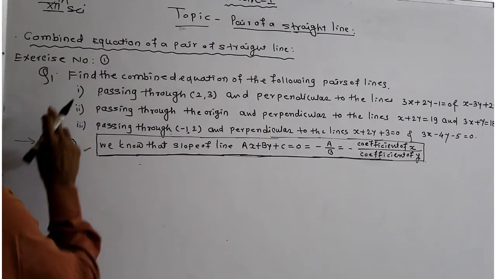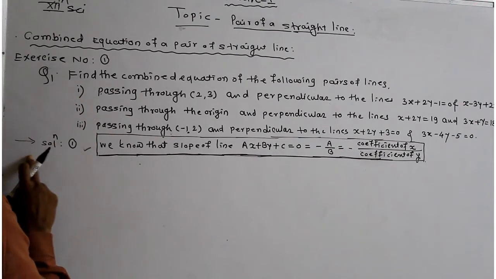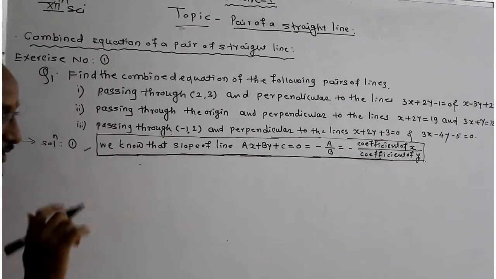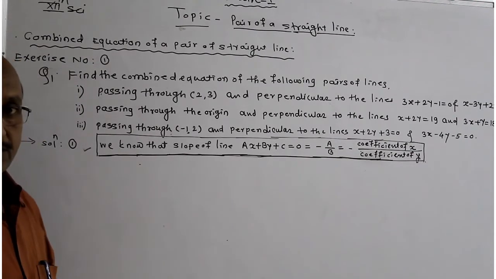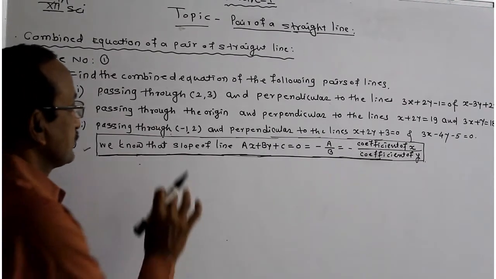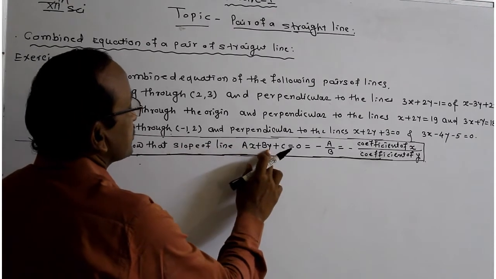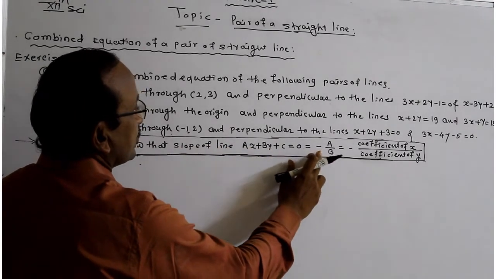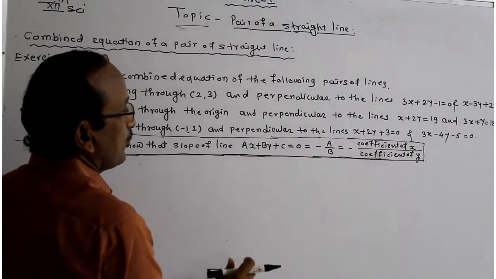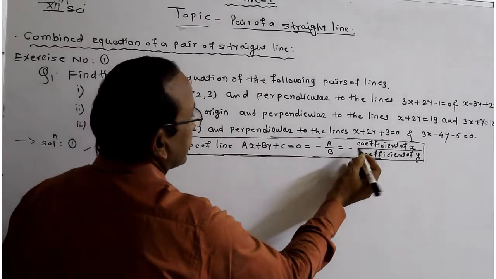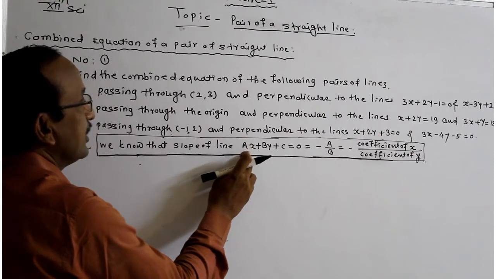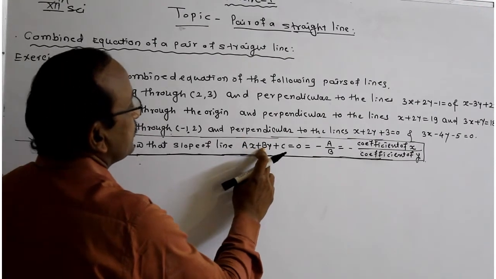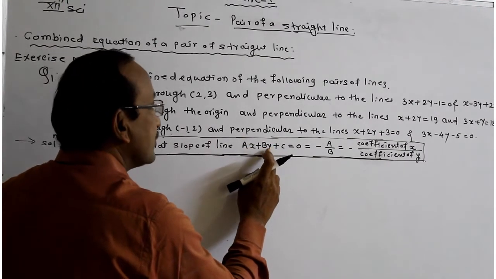So write down example number 1, solution 1. Before solving this example, we need to know how to find the slope of the given line. The slope of line ax plus by plus c is equal to 0 is minus a upon b. What is a? a is the coefficient of variable x and b is the coefficient of variable y.